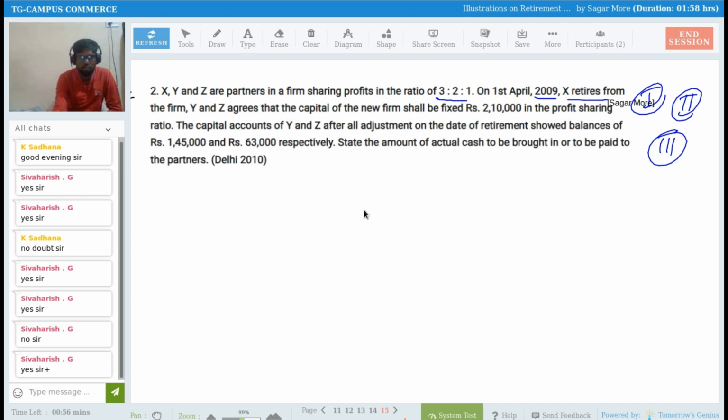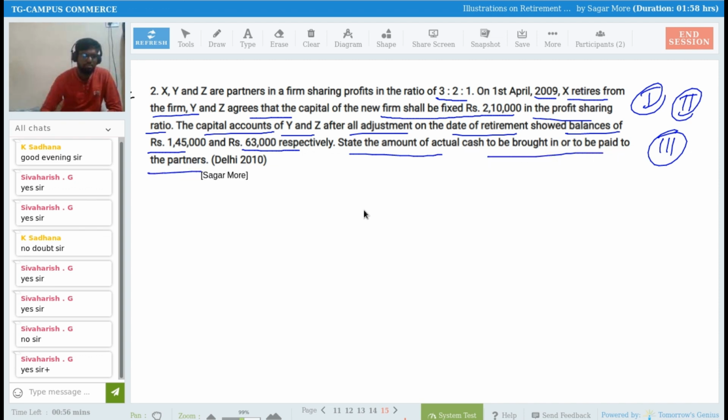On 1st of April 2009, X retired from the firm. Y and Z agree that the capital of the new firm shall be fixed at rupees 2,10,000 in the profit sharing ratio. The capital accounts of Y and Z after all the adjustments on the date of retirement showed a balance of 1,45,000 and 63,000 respectively. Find the amount of actual cash to be brought in or paid by the partners.